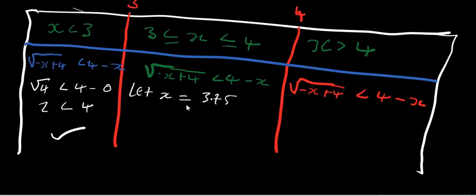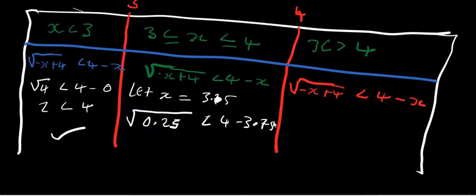It's going to give us square root of 0.25, which is less than 4 minus 3.75.